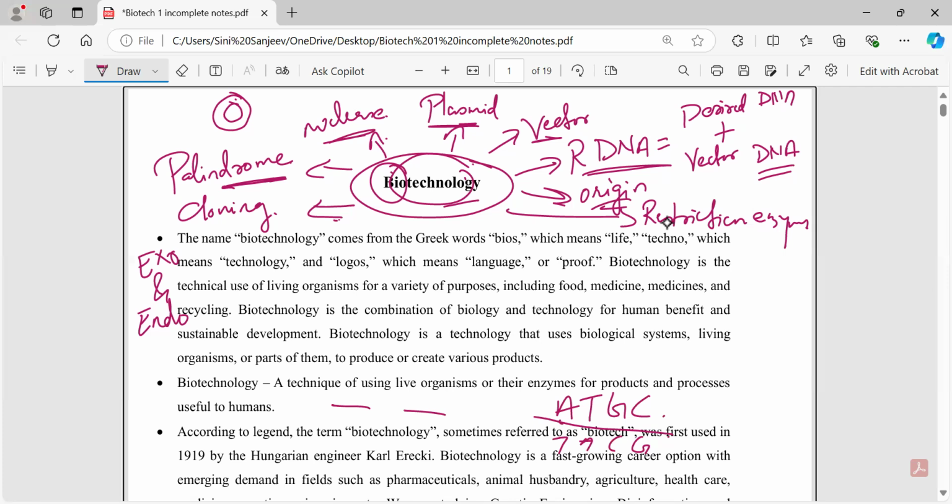Actually, a palindromic sequence is nothing but the same reading frame present on the opposite polarity strand of the DNA. We know that there are 5 prime and 3 prime, 3 prime and 5 prime, right?